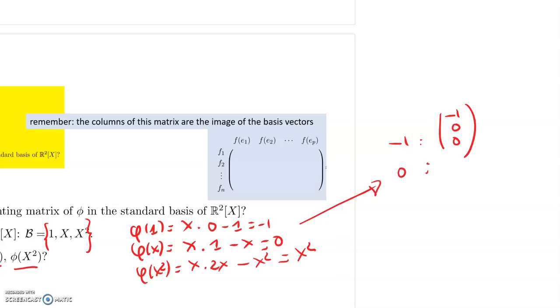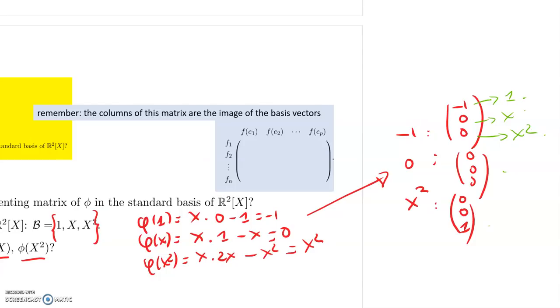The null polynomial is of course going to be represented by the 0 vector, and the polynomial given by x squared is going to be represented by the vector 0 times 1 plus 0 times x plus 1 times x squared. These vectors show the components in the standard basis, 1, x, x squared. They correspond to the coefficients in front of 1, x and x squared of each of those, all right?